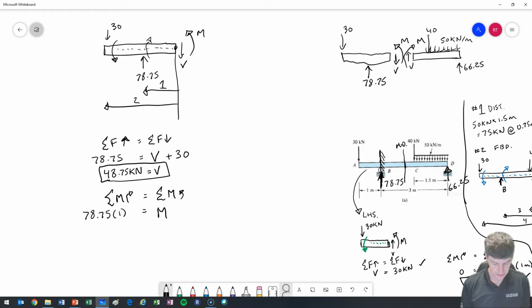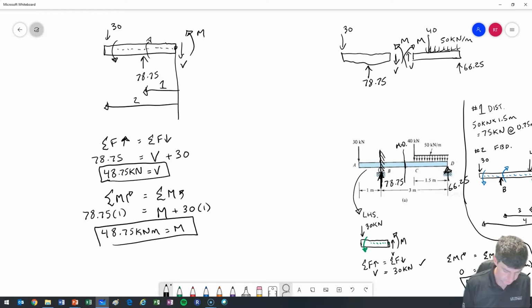And I have my 30. So 78.75 minus 30, and I have an M value. Oh, isn't that interesting? 48.75 kilonewton meters is equal to M. All right, so I have my two answers, and I found that load.